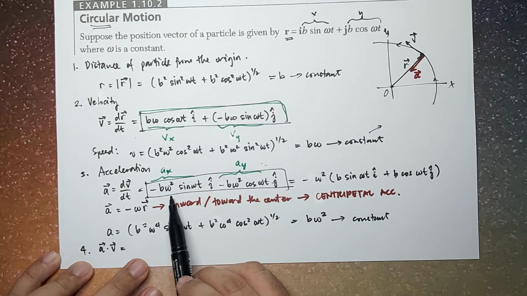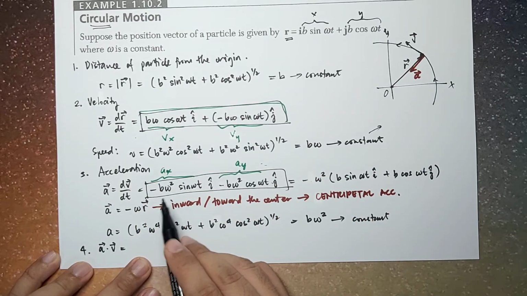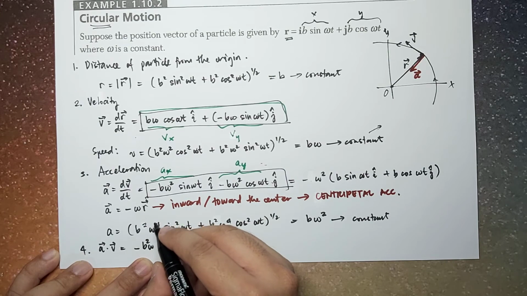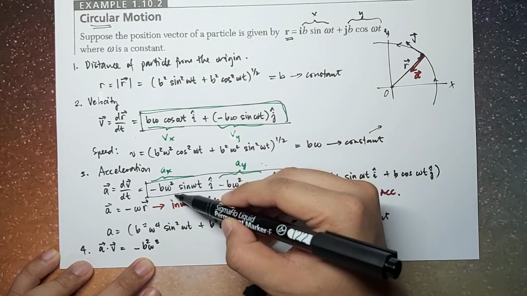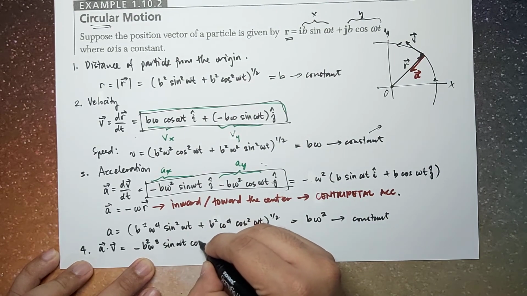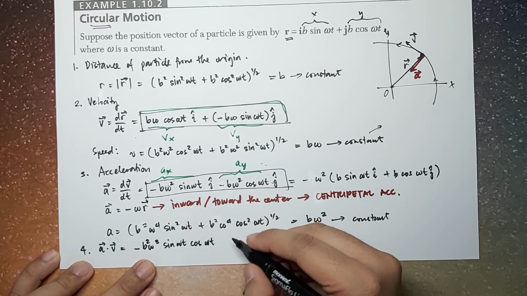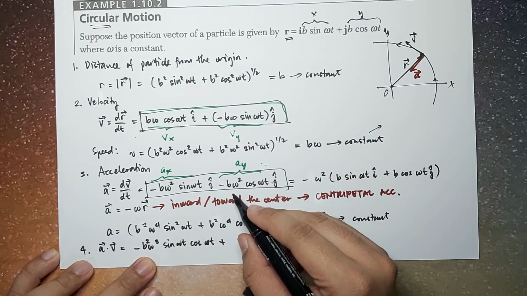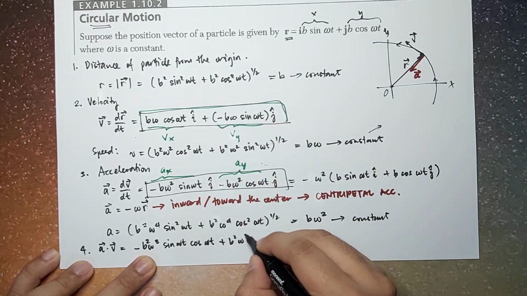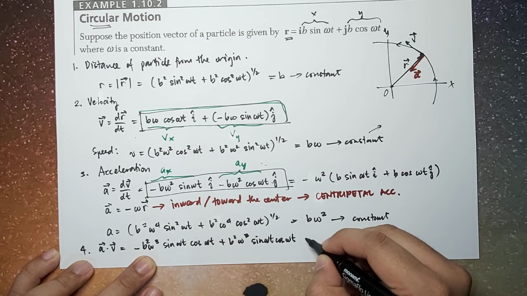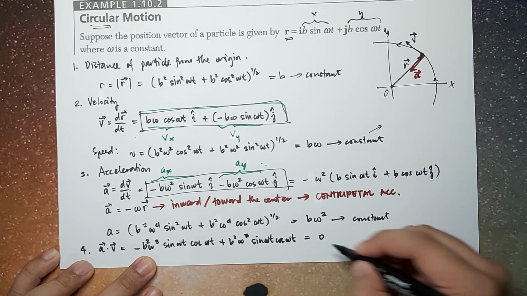Taking the dot product, we have negative b squared omega cubed sine omega t cosine omega t, minus minus, so that's plus b squared omega cubed sine omega t cosine omega t, which is equal to 0.